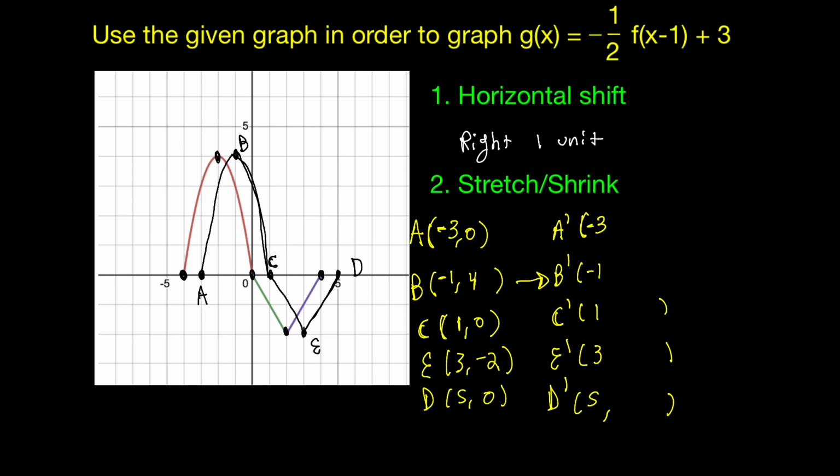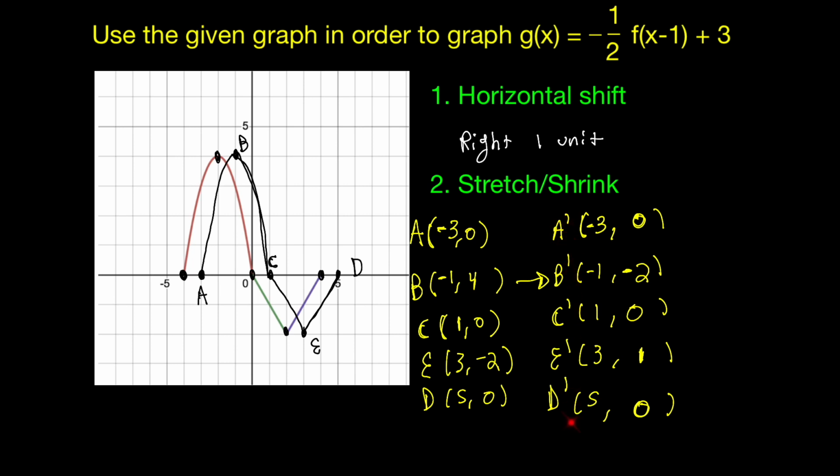And now I just have to transform the y values by multiplying them by the -1/2. So 0 times -1/2, we're going to get 0. Here, if I get 4 and multiply it by -1/2, I'm going to get that -2. 0 multiplied by -1/2, we're going to get 0. -2 multiplied by -1/2, we're going to get a +1. And then 0 multiplied by -1/2, we're going to get 0.